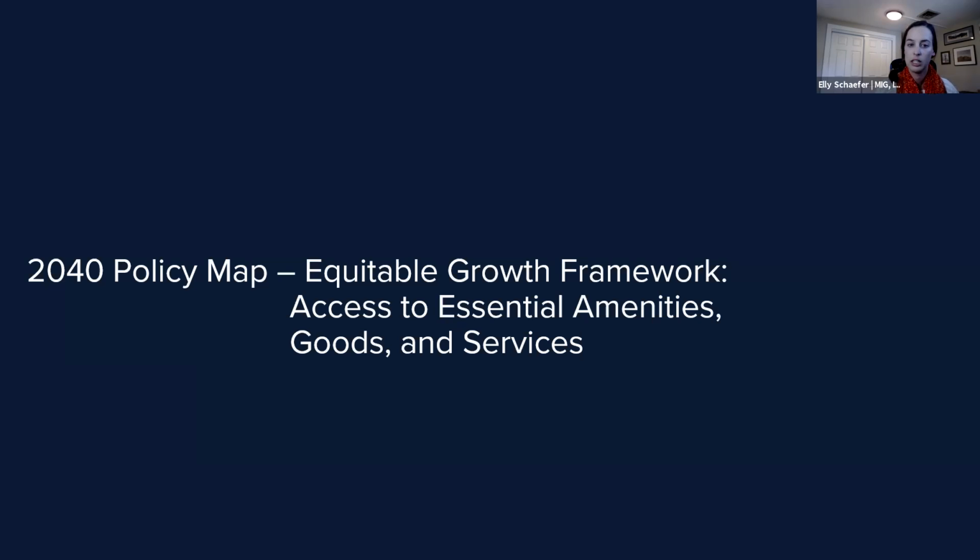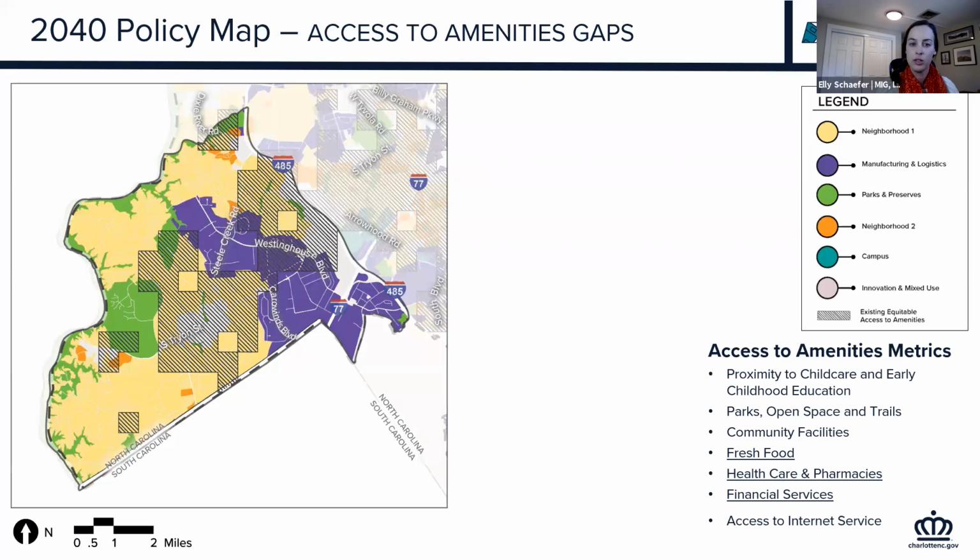Okay, so next we're going to look at the mapping of access to essential amenities, goods, and services policies. So that's the third component of the equitable growth framework in the comprehensive plan. In this map, areas outside of the black diagonal hatches are lacking existing access to essential amenities, goods, and services. The bullet points on this page are the metrics that we use to understand where access is currently lacking.